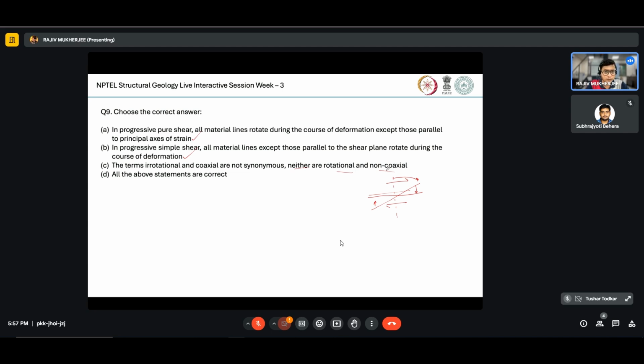And any line that is parallel to the shear plane or the shear direction will not experience any rotation in simple shear, even when simple shear is a mode of non-coaxial deformation, right? So option C is also correct, and therefore option D is the correct answer for this question, that all of the above statements are correct.